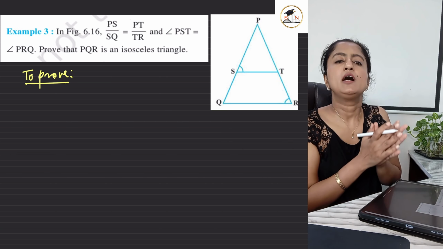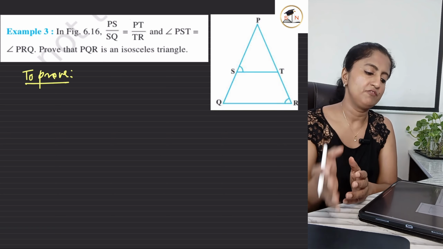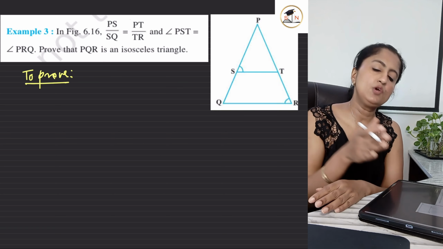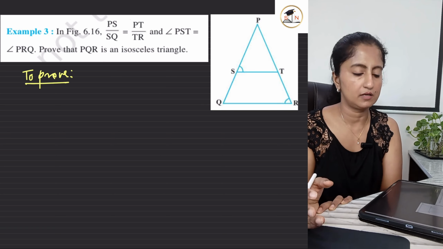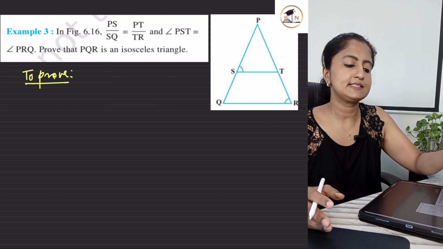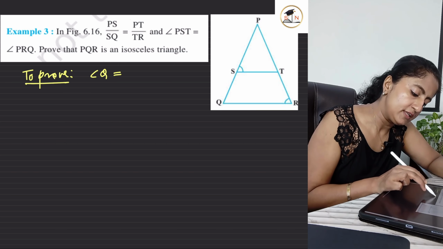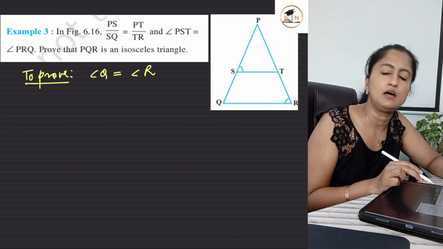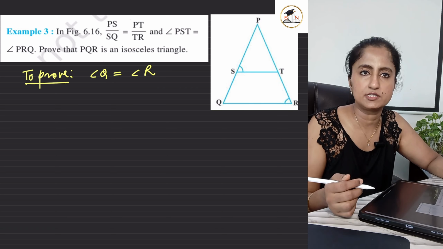An isosceles triangle can mean two things: you can consider that PQ equals PR, or you can say that angle Q equals angle R. Now in this question, since they are talking about angles, we are supposed to prove that angle Q equals angle R. And once we are done with it, that by default means it's an isosceles triangle.